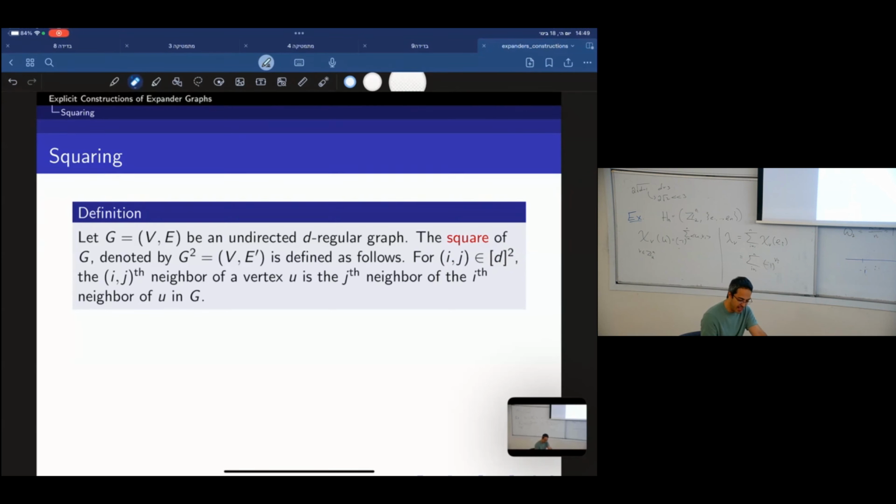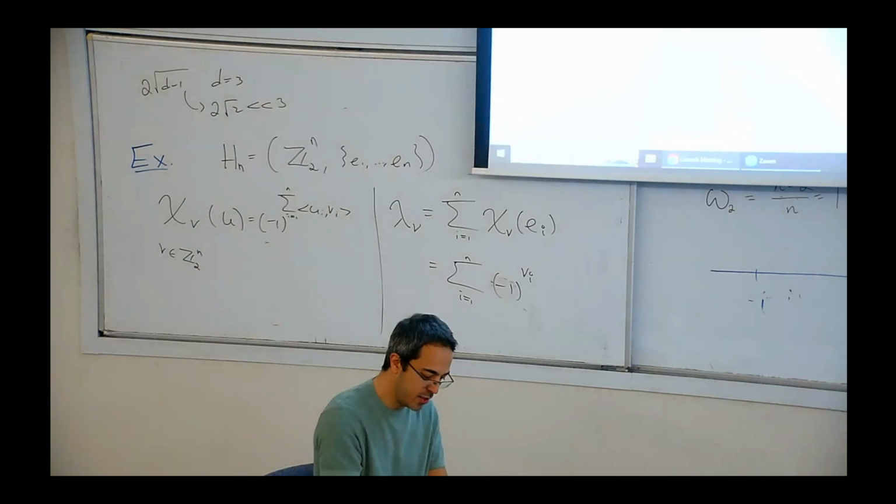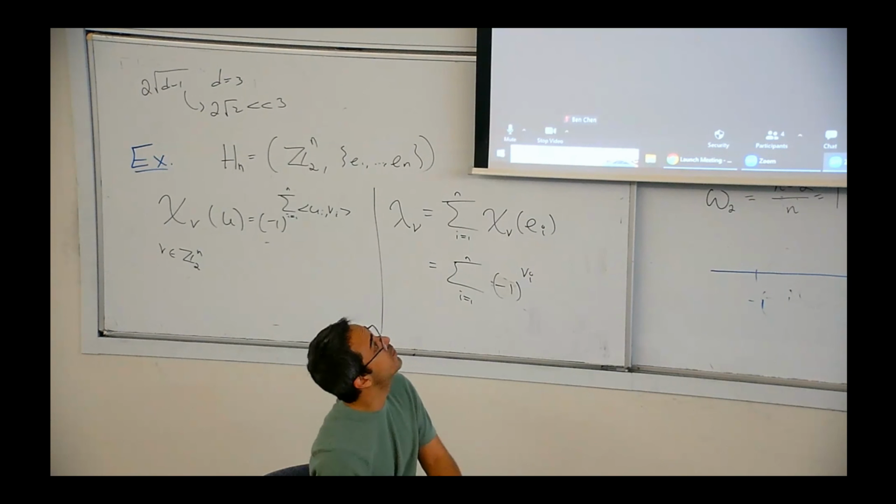But let's call it i, j. Let's denote our neighbors using 2 coordinates, i and j. And the ijth neighbor of a vertex u is the jth neighbor of the ith neighbor of the vertex. So say this is v. So the ijth neighbor in G squared, to get to it, you go to the ith neighbor.